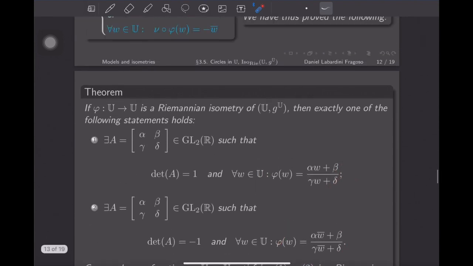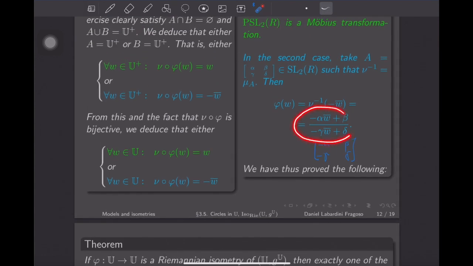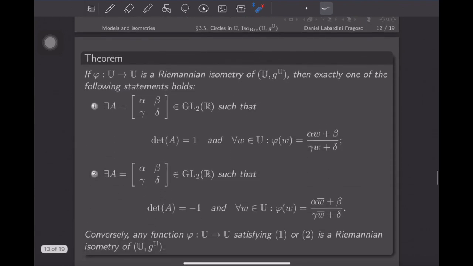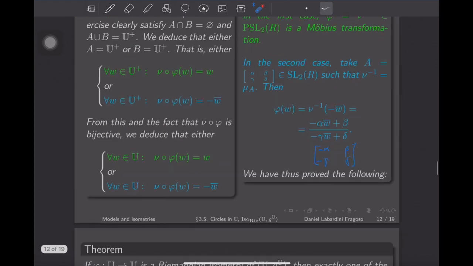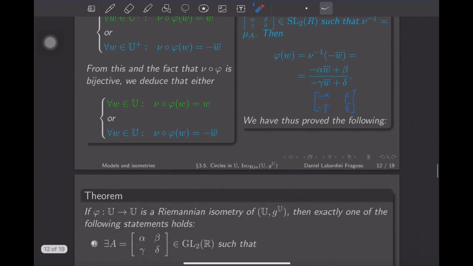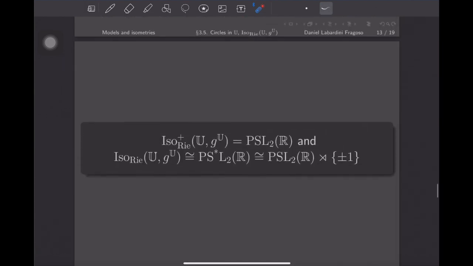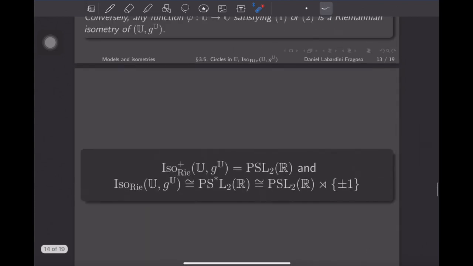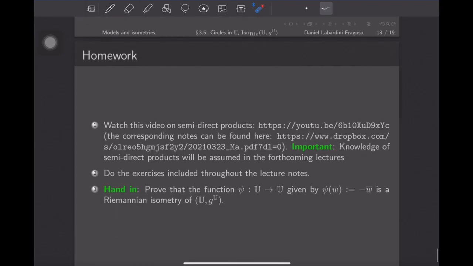But you see, if I consider this other expression where now the matrix has determinant 1, if I decide not to hide the sign here, it's a Mobius transformation applied to something. A Mobius transformation, I already know that it's a Riemannian isometry, so I only need to know that sending W to minus W conjugate is a Riemannian isometry. But that's precisely the exercise that I left, that I told you.